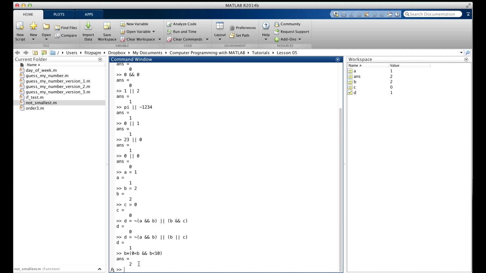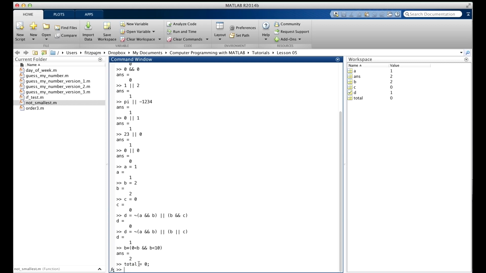So why would you want to mix arithmetic and logic? Well, suppose you wanted to add up numbers that were between 0 and 10. You could initialize your total like this, and then every time you get a new value for b, you could add it like this.